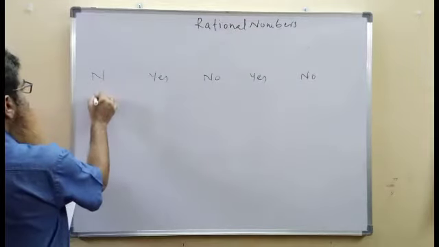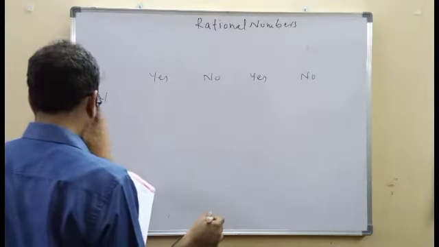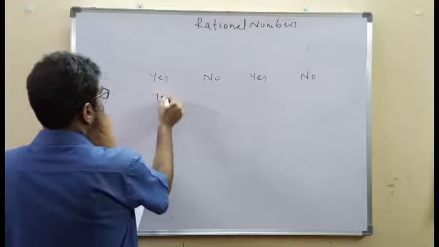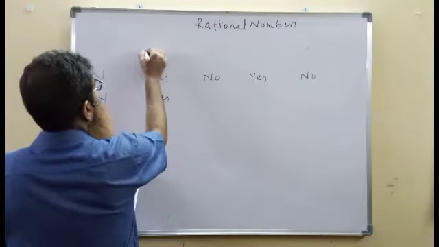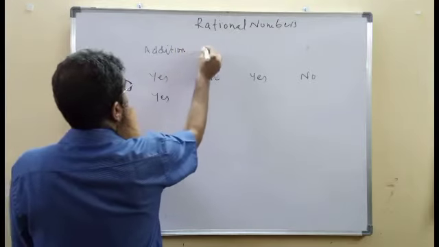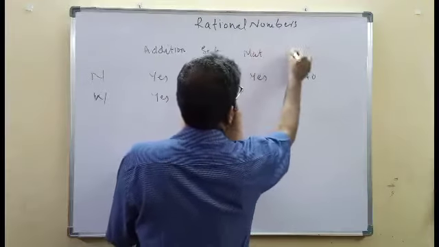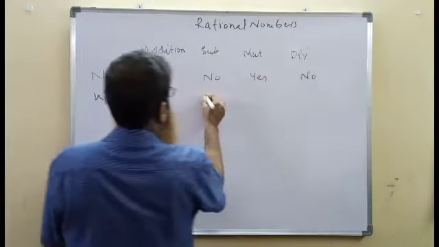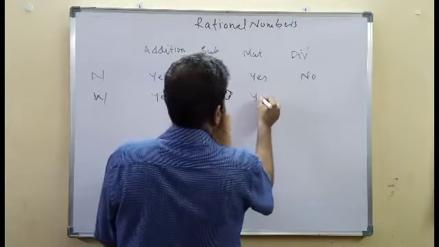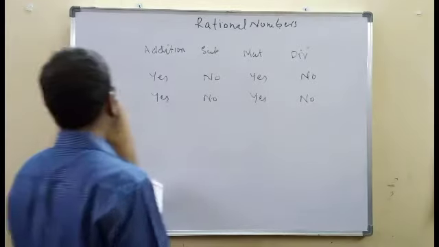For whole numbers, it is closed under addition, not closed under subtraction, again closed under multiplication, and again not closed under division.